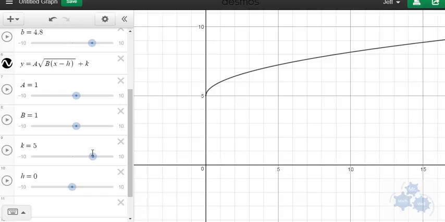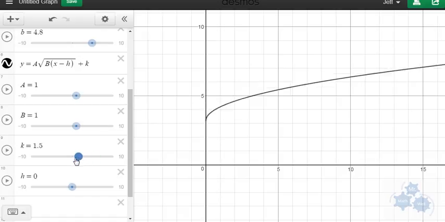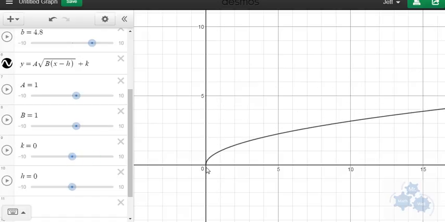So generally, if there are no vertical flips or things like that, then the k value is directly related to the range. So right now, the range, when this was 0, is y greater than or equal to 0.